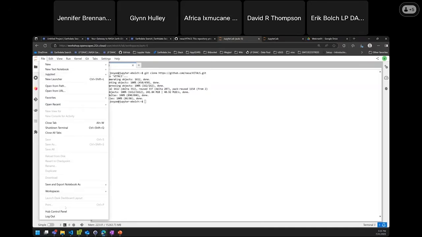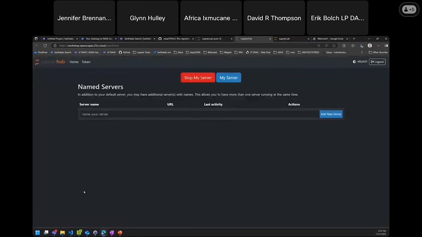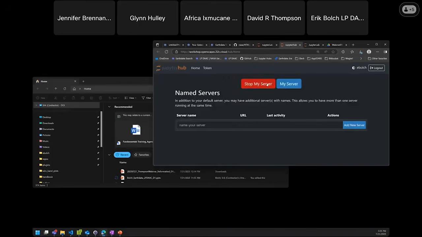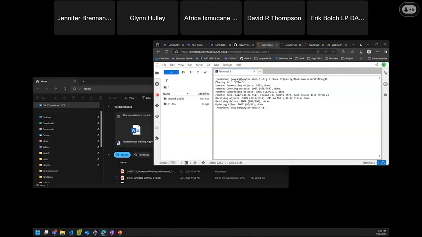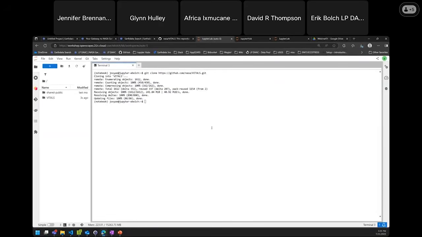In the file menu down at the bottom, you have this control panel, and what this does is allow you to stop your server. We just ask that everybody, when they're not using this, shut down their server, because it does cost money to run these in the background, and we appreciate everybody doing that for us.